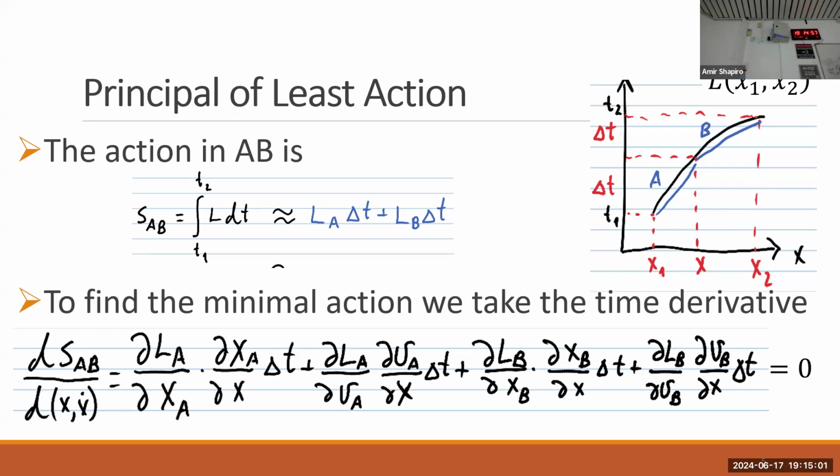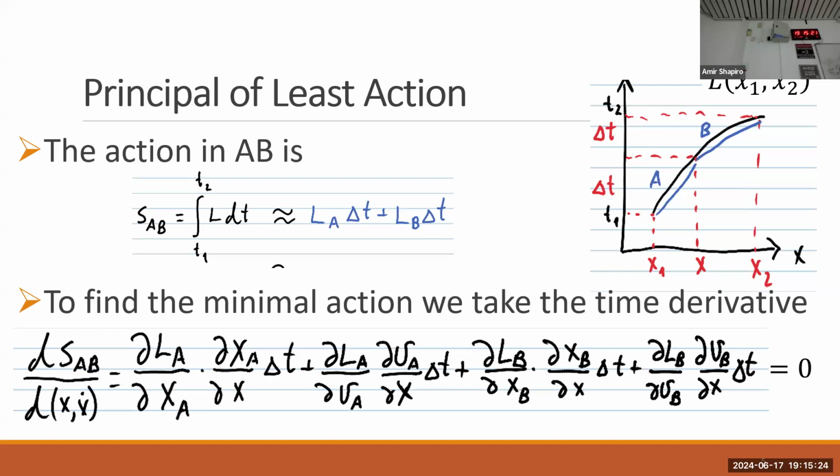So if we take this in two sections, A and B, we have L_A dt plus L_B dt, so it's dL_A/dx in section A times dx_A/dx times delta t.